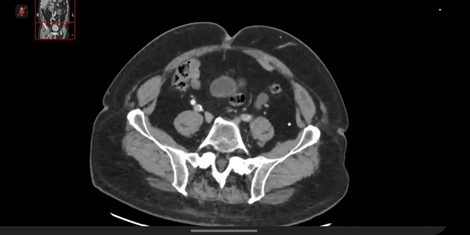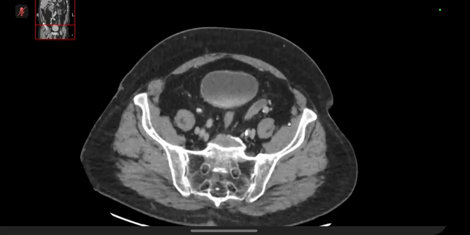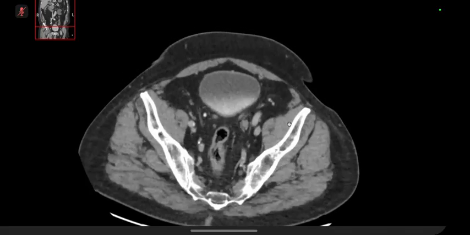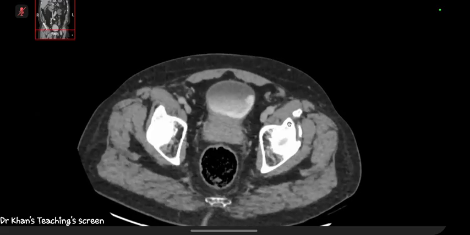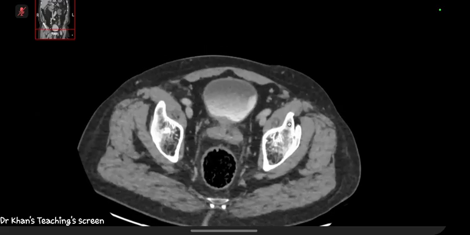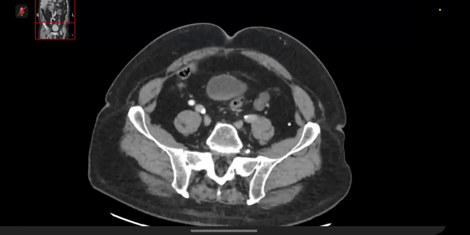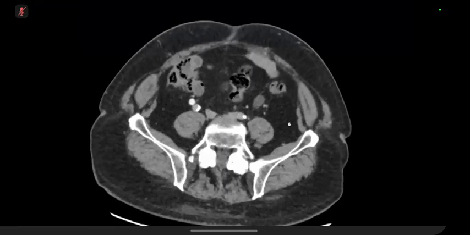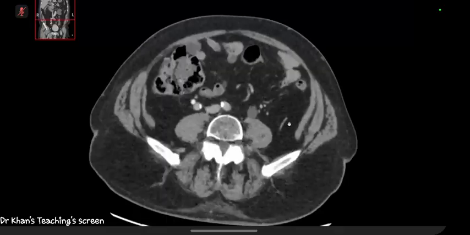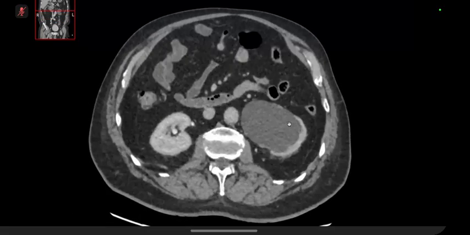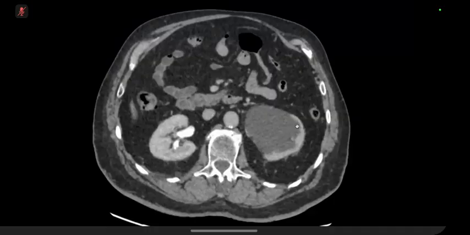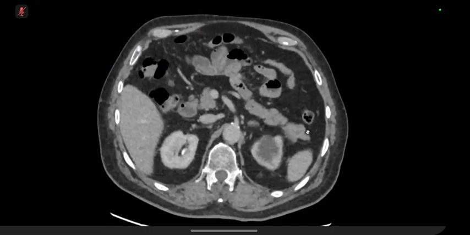And there is a growth or a mass in the lower part of the ureter, which could be a transitional cell carcinoma, and which is causing this dilated ureter and the hydronephrotic process on the left side with delayed excretion of contrast.